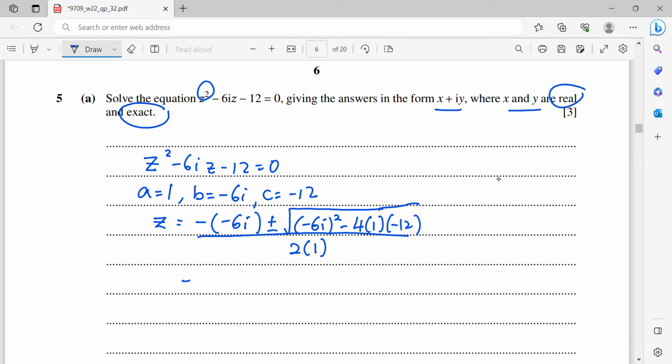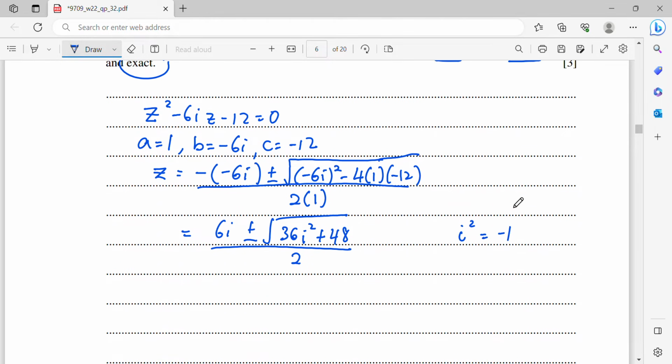Okay, so now when you simplify, minus minus 6i will be 6i, plus minus the square root of minus 6i squared, which is basically 36i squared. Then minus 4 times 1 times negative 12 becomes plus 48, divided by 2. For your information, i squared is minus 1.